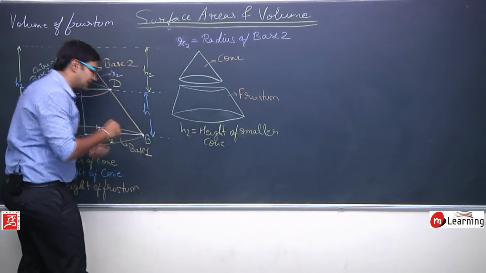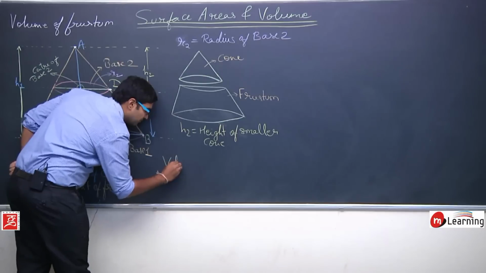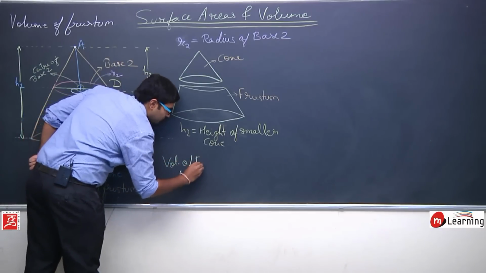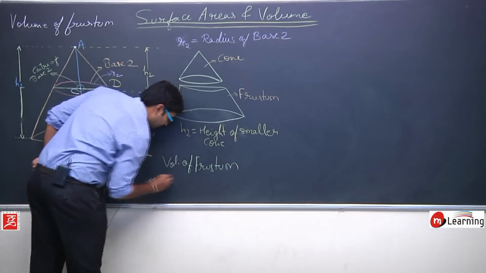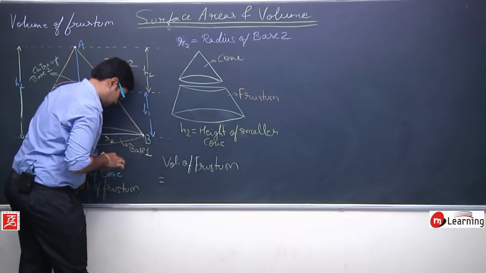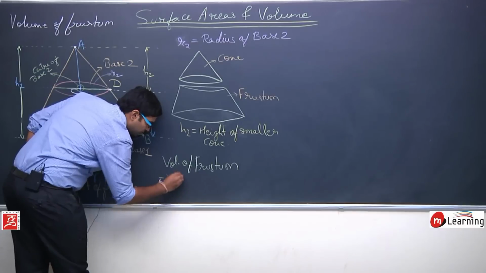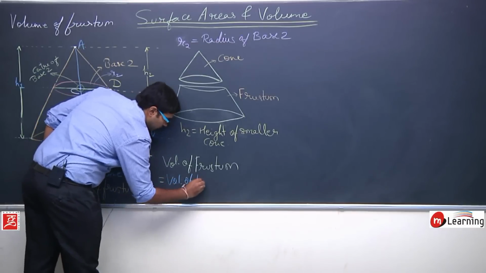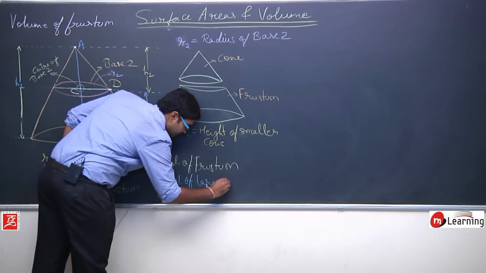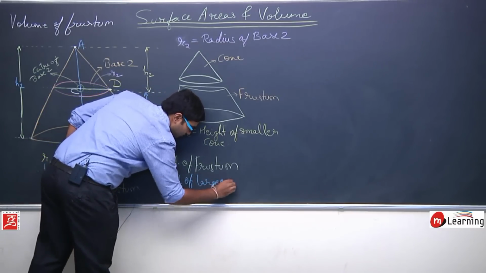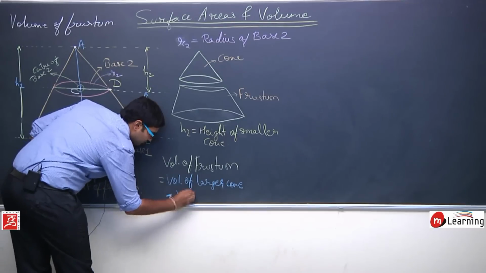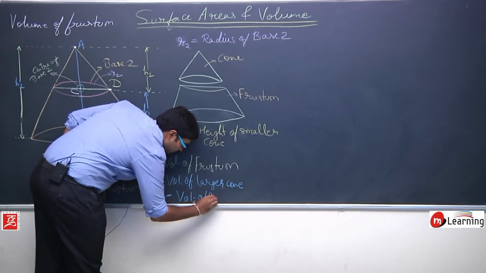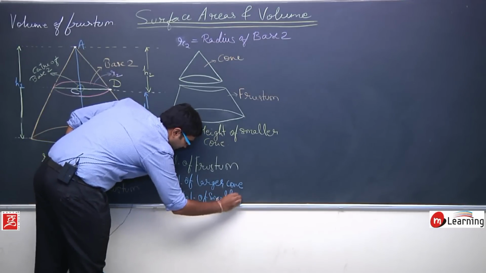So I can write very easily that the volume of frustum will be equal to the volume of larger cone minus the volume of smaller cone.